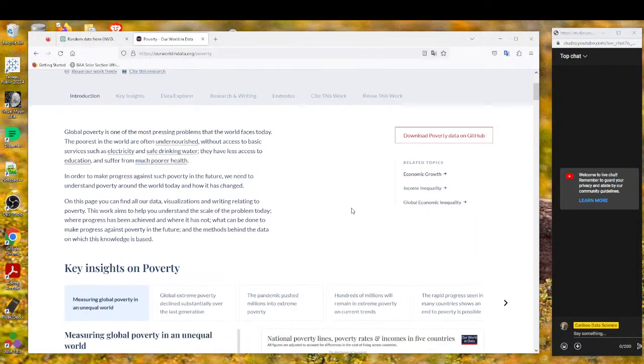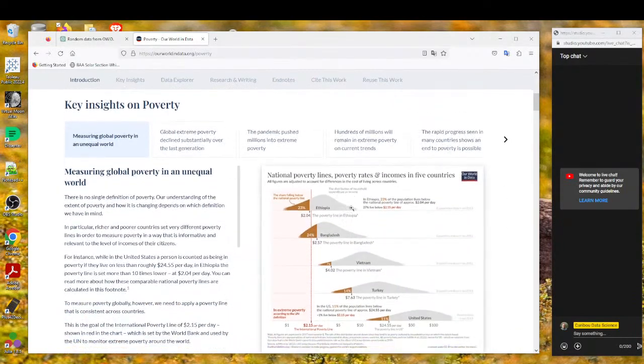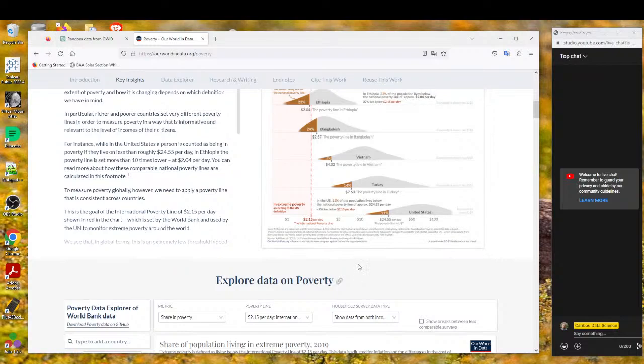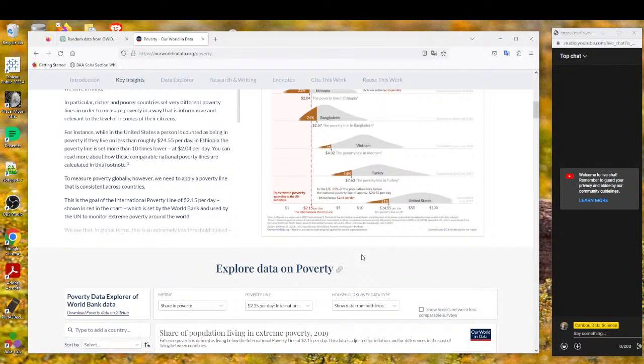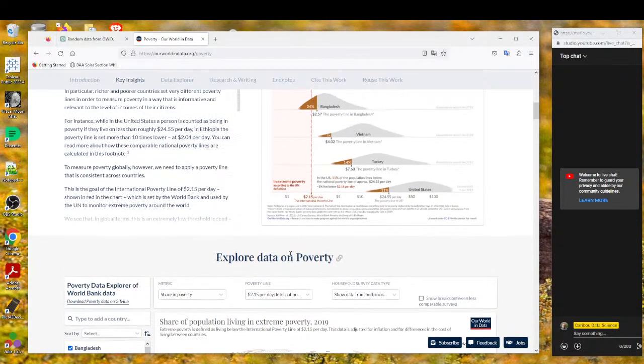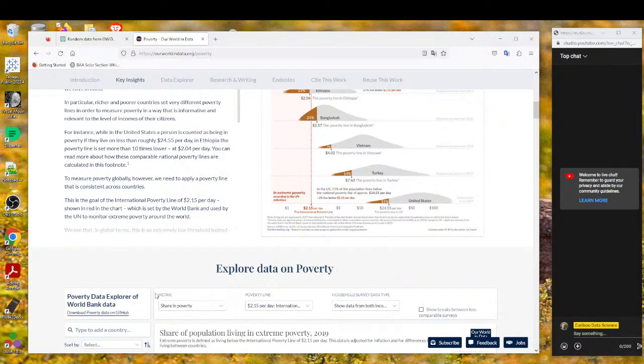Interesting. Okay. Apparently, they do have all their data now on.